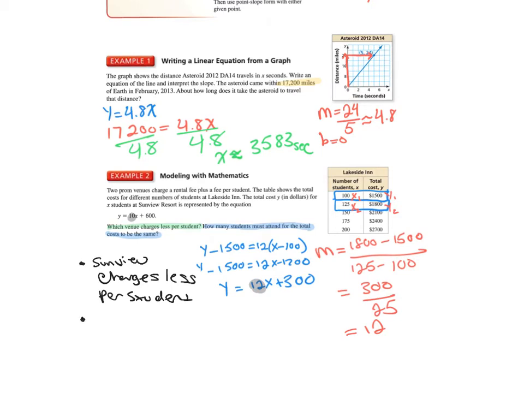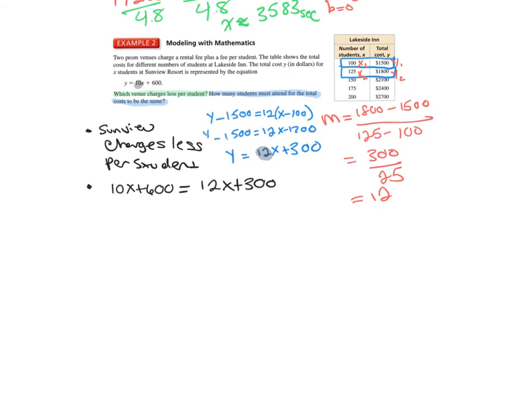And then the second question, how many students must attend for the total to cost the same? So we want to know when these two equations are equal. So we take 10x plus 600. We want to know when it's equal to 12x plus 300, and we solve. So we gather our x's on one side, so we'll subtract 12x from both sides. So that's negative 2x plus 600 equals 300.